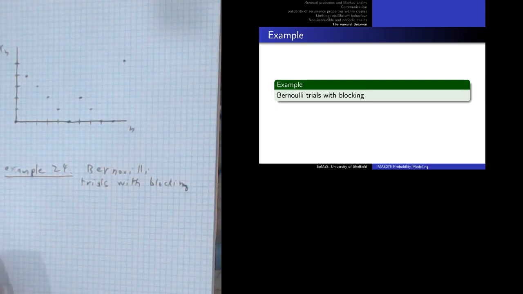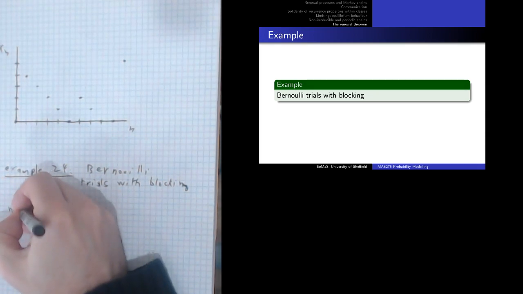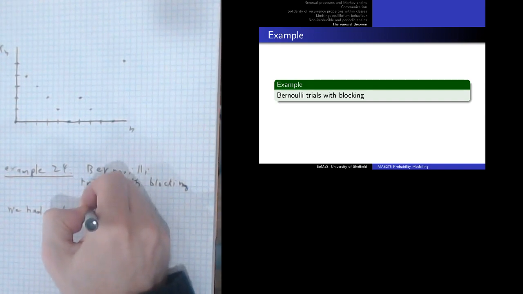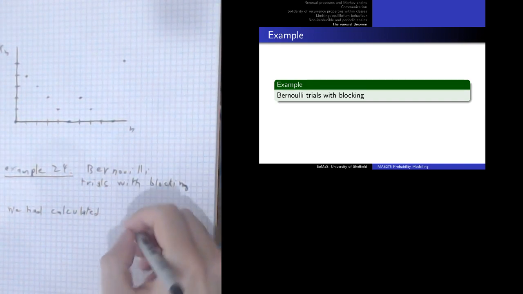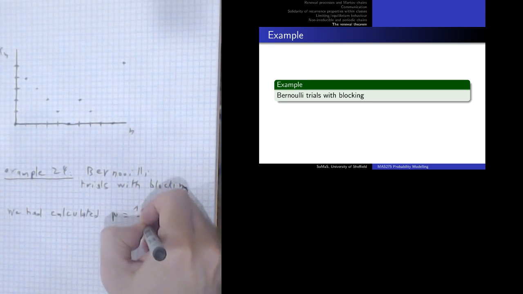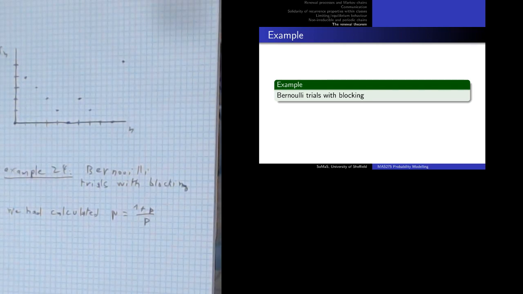You may remember or not, go back through your previous notes or look through the examples, that we had calculated that mu equals (1 plus p) over p. So p was a factor between 0 and 1, and mu is the average of your inter-renewal time, which is not quite geometric because you block the possibility of a first renewal.